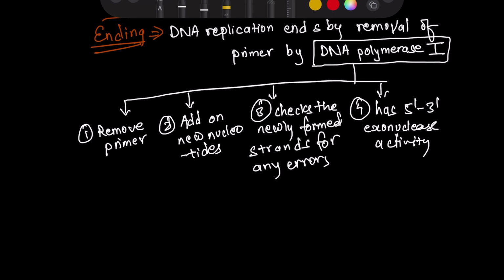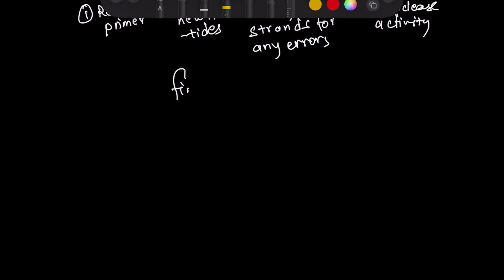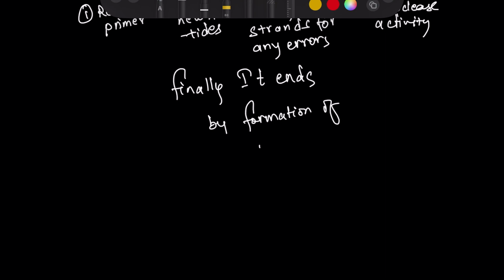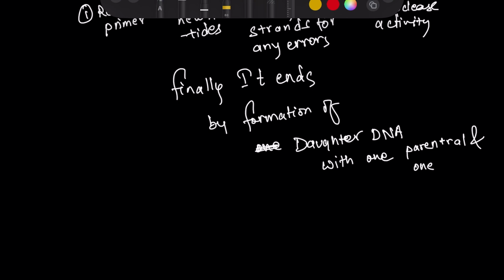So these are the different functions of DNA polymerase 1, and finally it ends by formation of daughter DNA with one parental and one newly formed strand, right? So that's it.